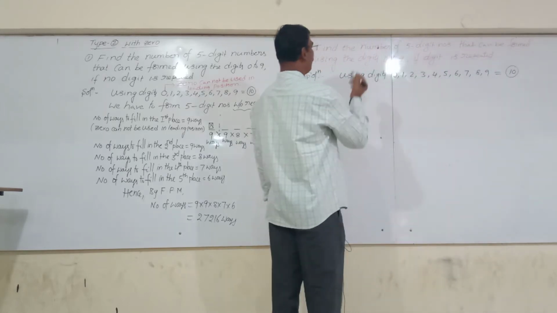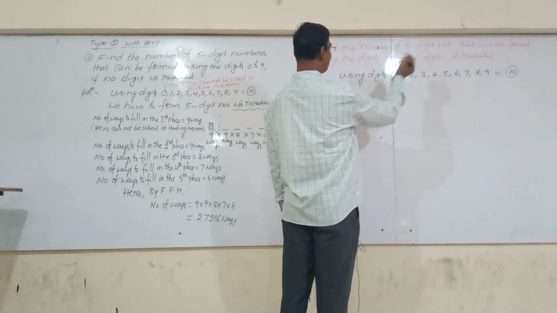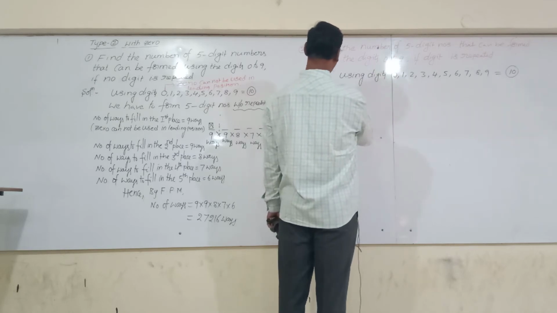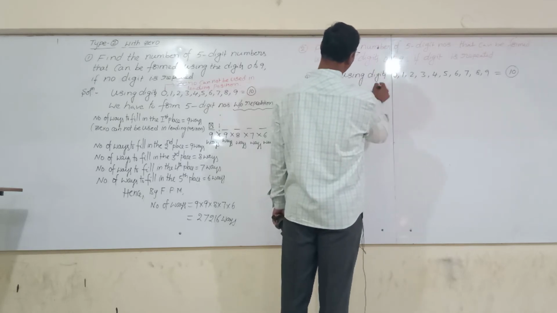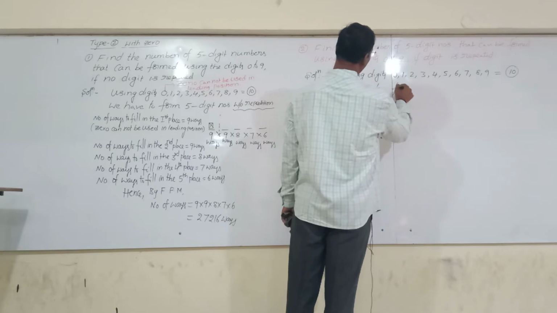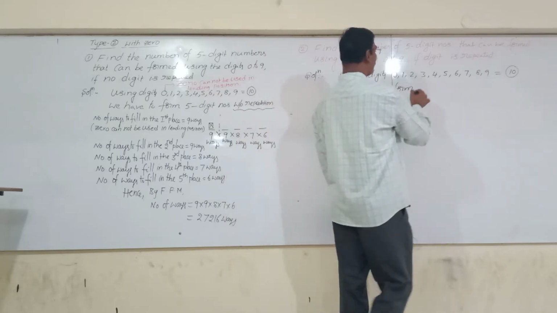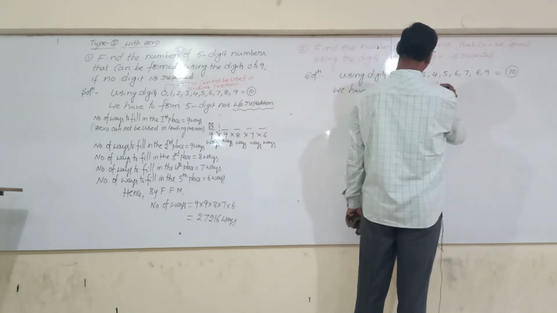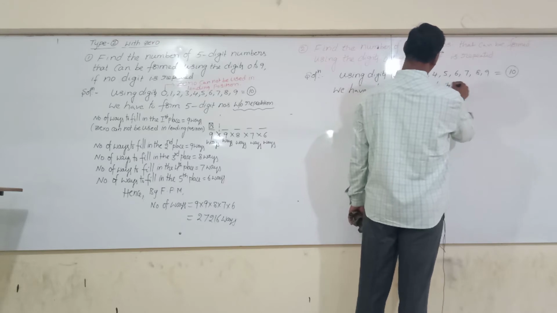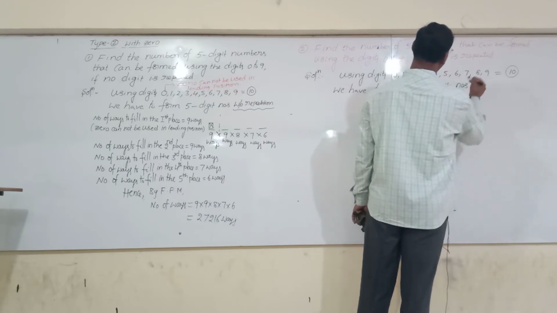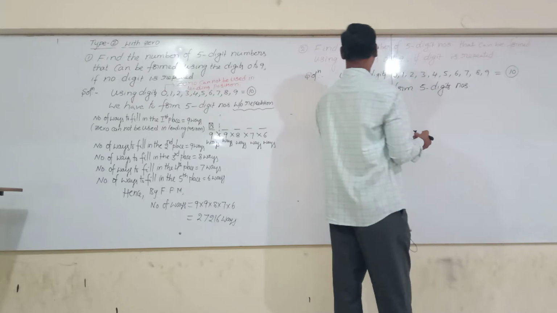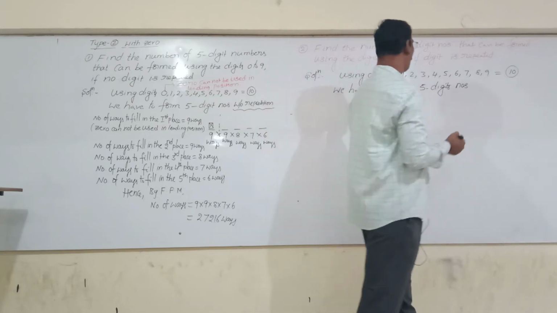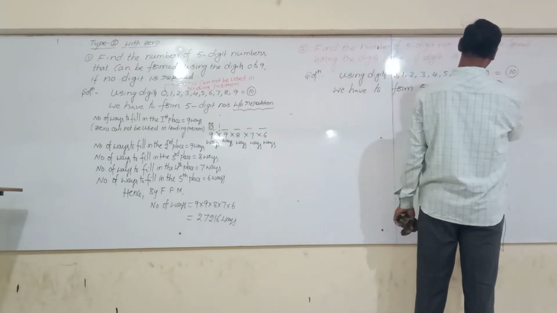Which digit number do we have to form? 4 digits or 5 digits? 5 digits. So we have to form 5-digit numbers, with repetition.